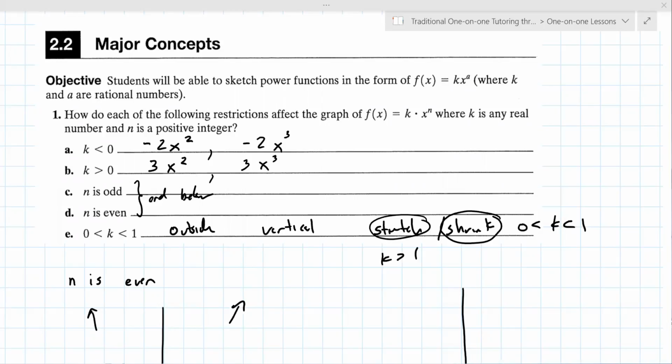Is that okay? All right. So that takes care of that, I guess. So let's keep going here.